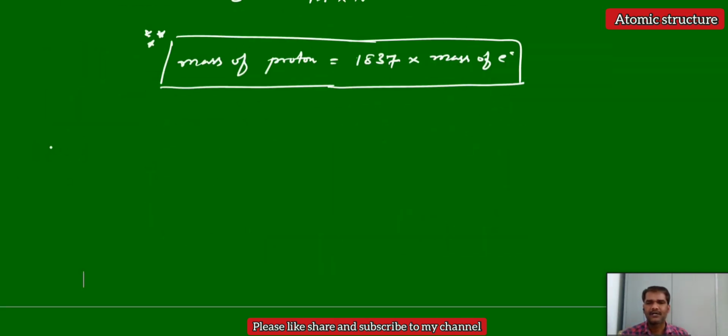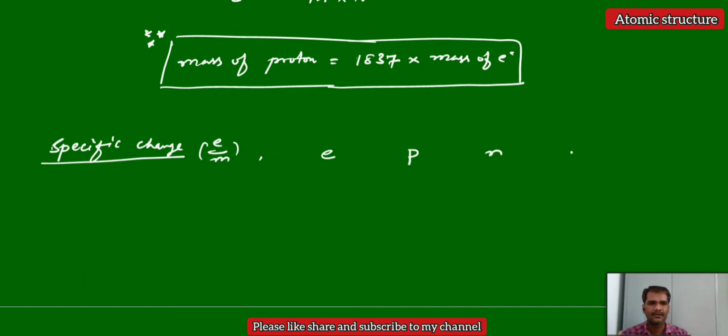Next, specific charge, charge to mass ratio, that is E by M values. They will ask you especially the E by M values of electron, proton, neutron and alpha particle.